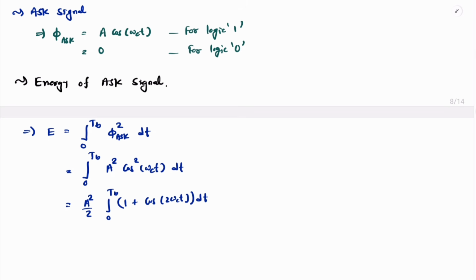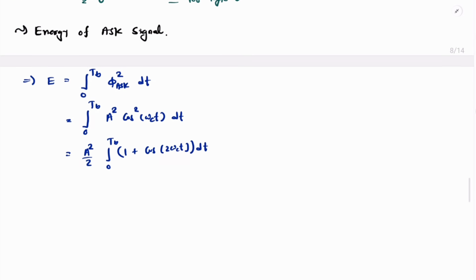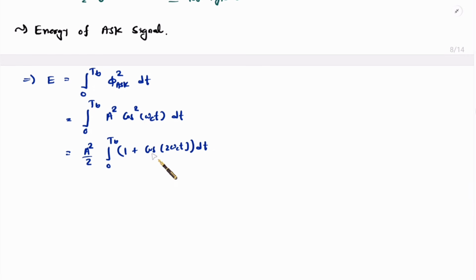Now here one thing that you need to know, always remember this. If you have integration of cos or sine over 1 bit duration, that integration will be always 0, right? Cos or sine, I'm not talking about square of cos or square of sine. I'm talking about simple integration of cos or sine over 1 bit duration, that will be always 0.